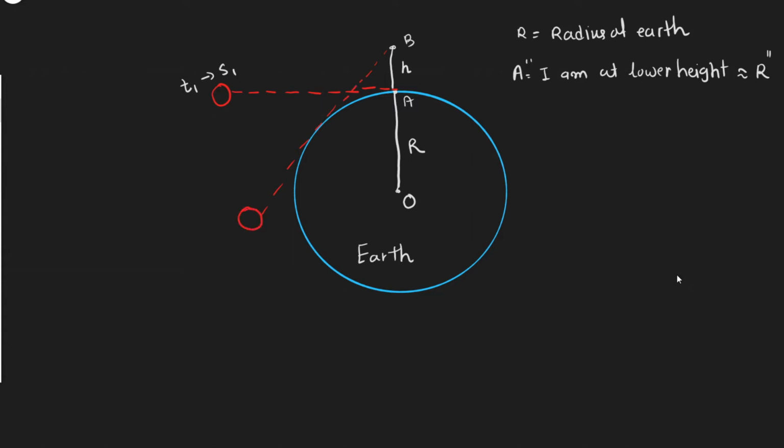So at time t2 the Sun came to the horizon, and now I stop the timer, so I get the time difference between the two horizons, t2 minus t1.